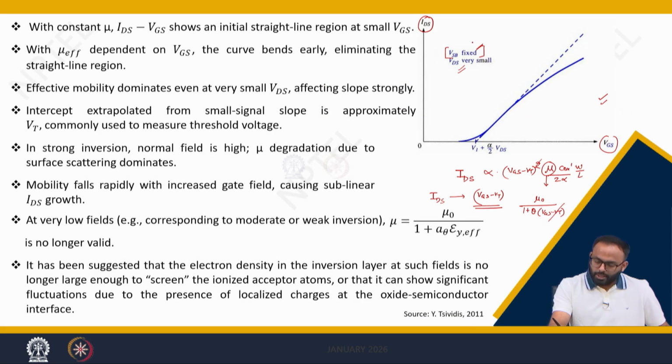That is why we keep a fixed VSB, so the threshold voltage does not change while plotting this graph. Second, we keep VDS very small, not so small that Coulomb scattering is dominant, but small in the sense that we need to see the trend from the saturation part to the linear or triode region.